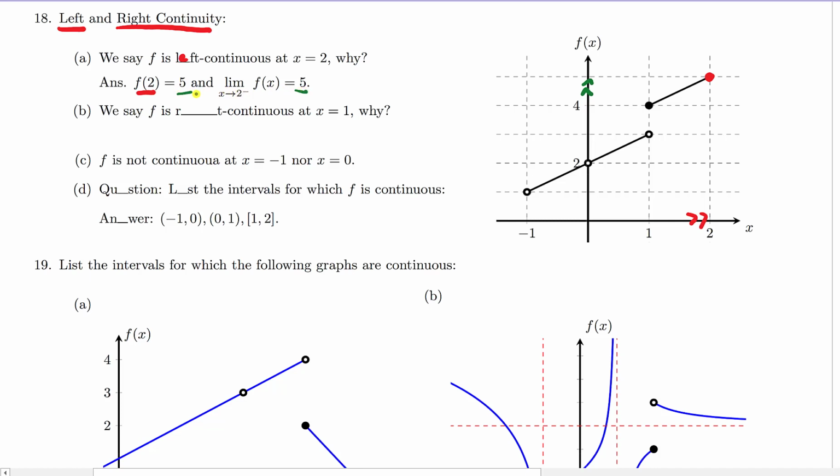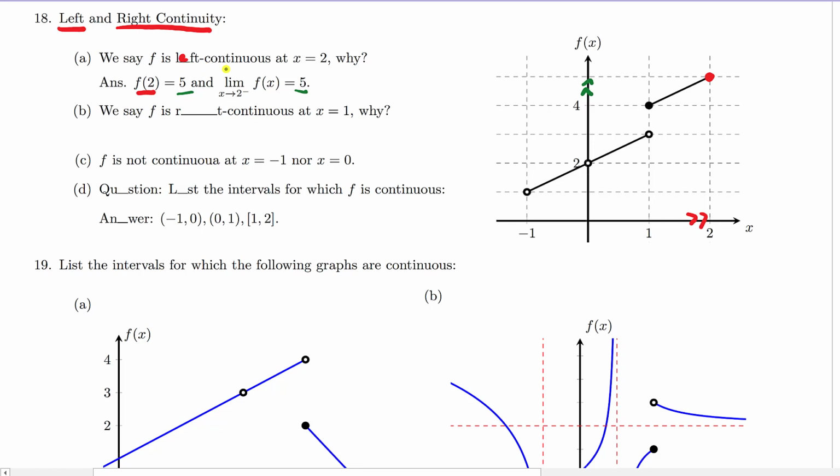And notice that these two values agree with one another. So even though the right-hand limit doesn't exist, or the right-hand limit might be something other than 5, the left-hand limit and the functional value agree here. And if that's the case, then we're going to say that we're left continuous.